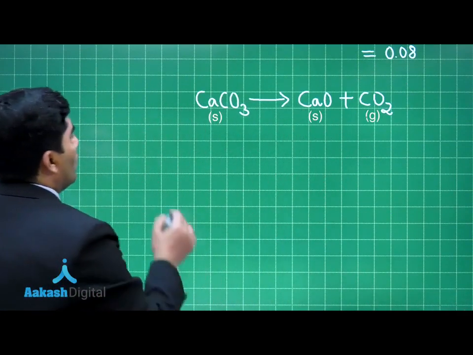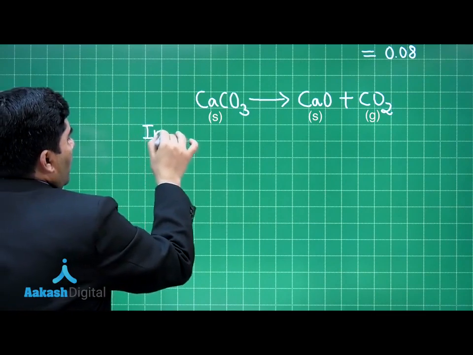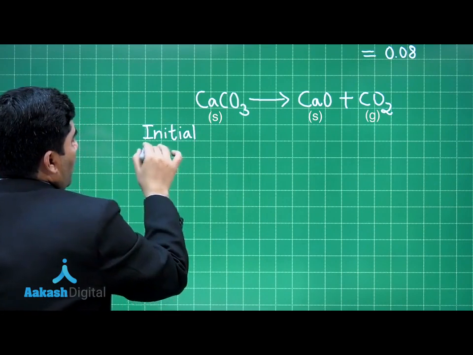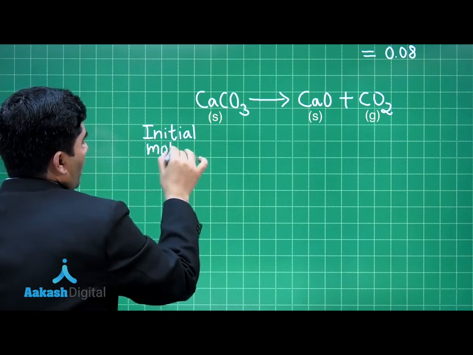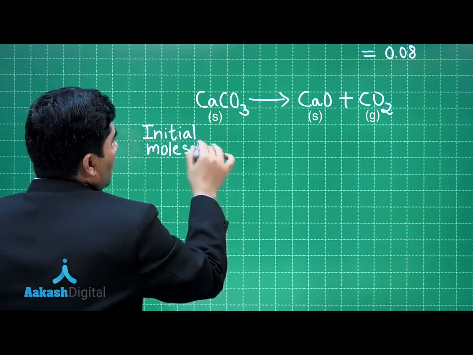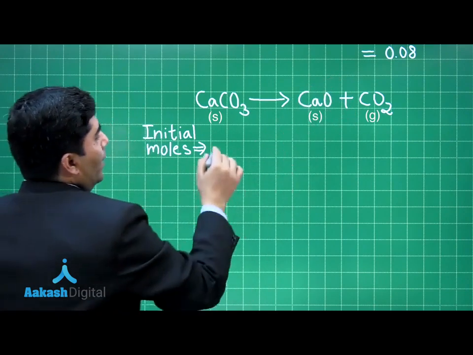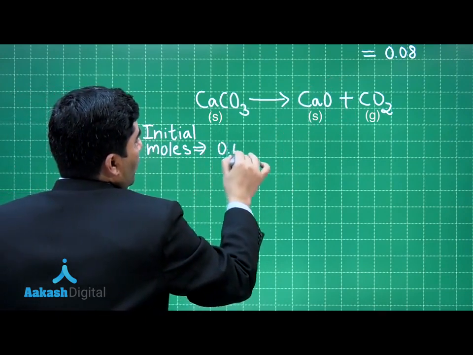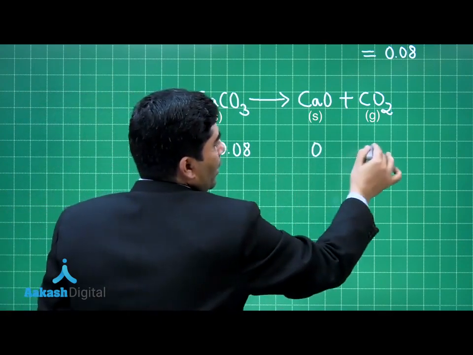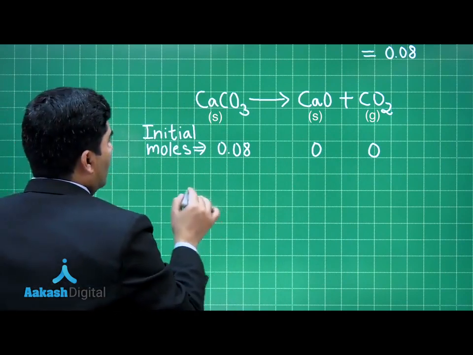So now, initial number of moles of calcium carbonate is 0.08, and since reaction is not started till now, these will be 0, right?